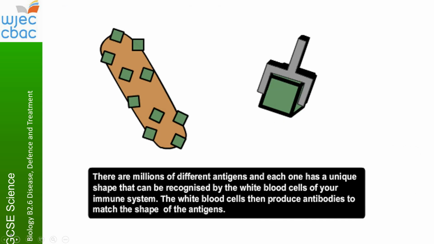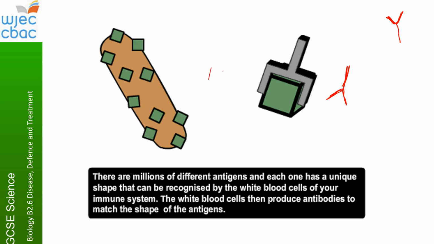In the box underneath then, there are millions of different antigens, and each one has a unique shape that can be recognised by the white blood cells of your immune system. Your white blood cells then produce an antibody to match the shape of the antigen. Now, whereas before the antibody in the previous slides, okay, were Y shapes, you can see that this Y shape would not fit our green square.